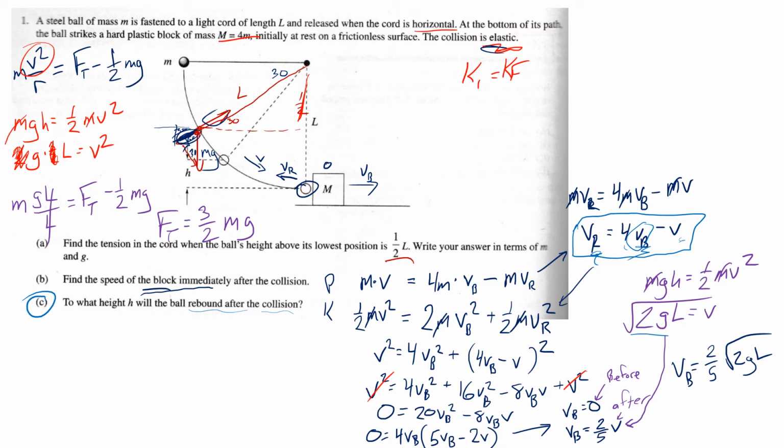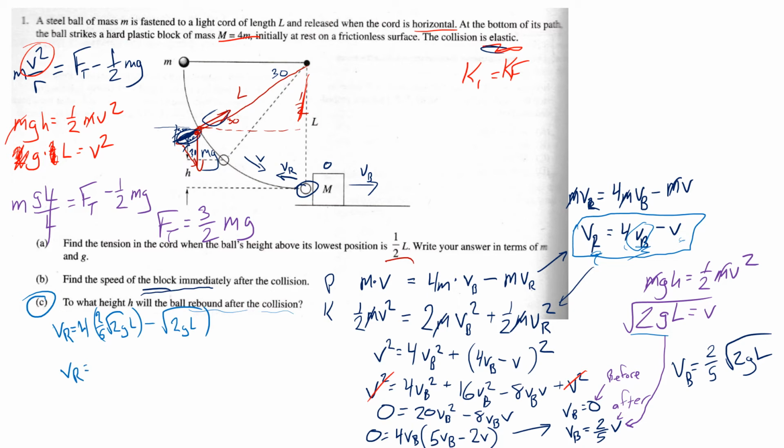So VR is going to equal 4 times VB. VB was 2/5 the square root of 2GL. All right. Minus V, which was the square root of 2GL. So far, so good. 4 times there is going to be 8/5. 8/5 minus 1 is going to be 3/5.